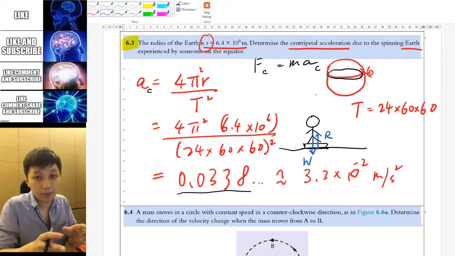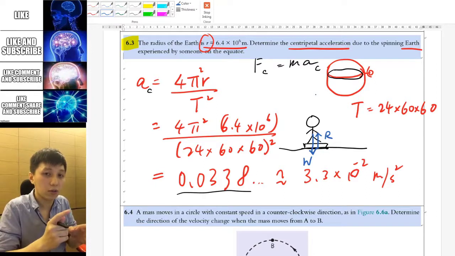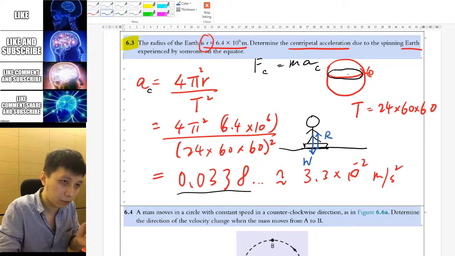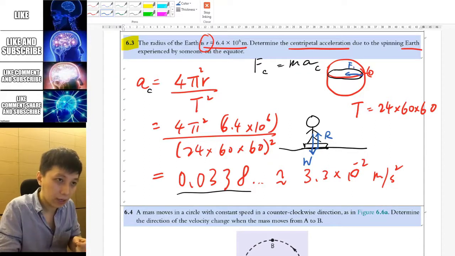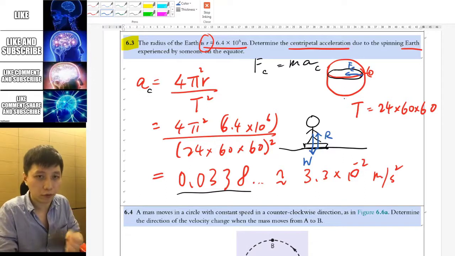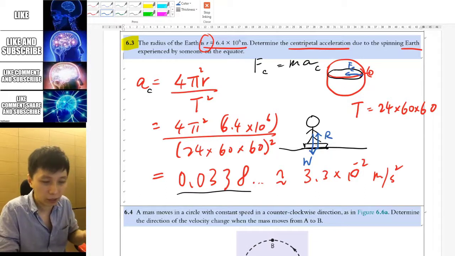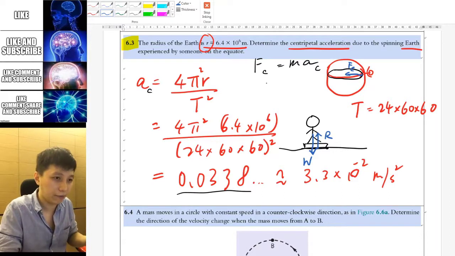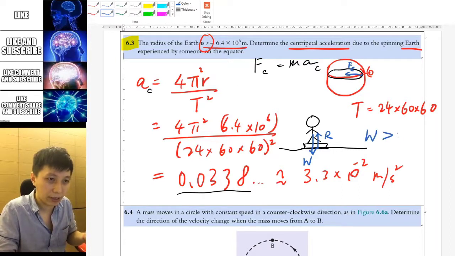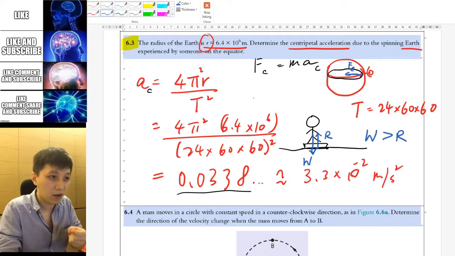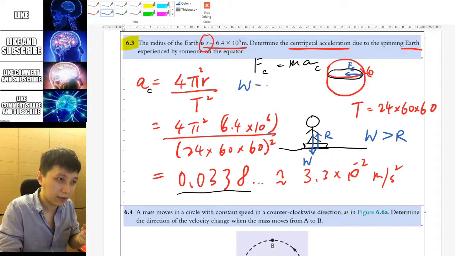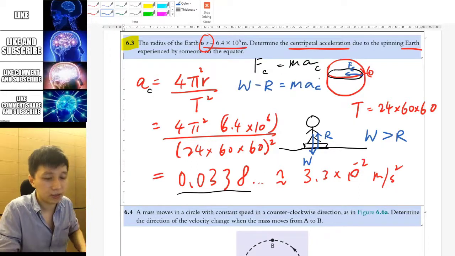However, in this case, because we are moving in a circle, there must be a non-zero net force acting on our body, which acts as the centripetal force. Looking at the direction of weight and reaction force, the only possible way is to have the weight bigger than R, and therefore you can have a non-zero net force. So here we will put it as W minus R equals MAc first.